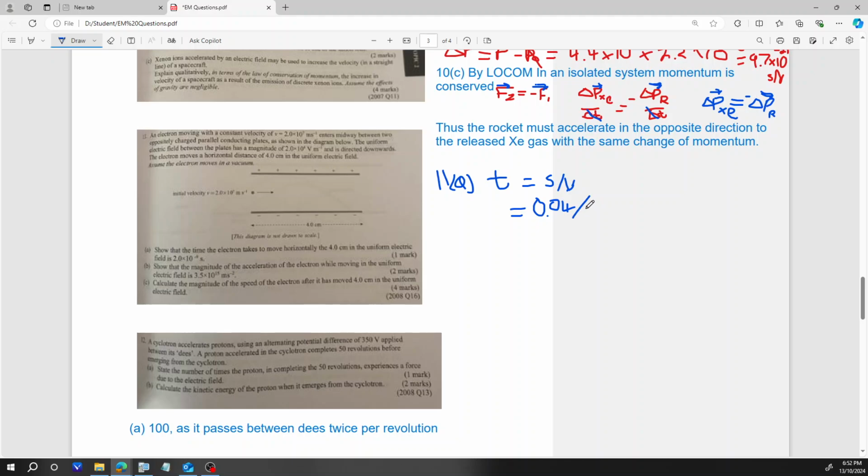Divided by 2 times 10 to the 7. Now, if you divide 0.04 by 2, that would be 0.02, and so that's already 2 times 10 to the minus 2, and then that makes 2 times 10 to the minus 9.